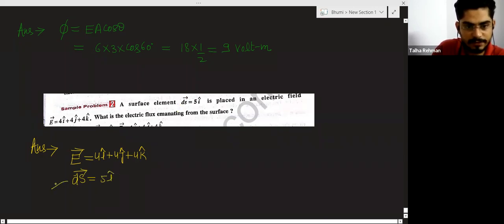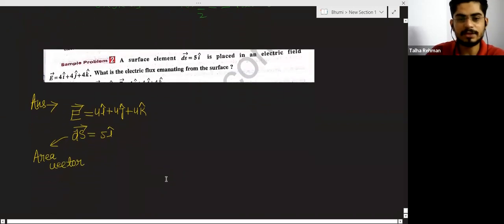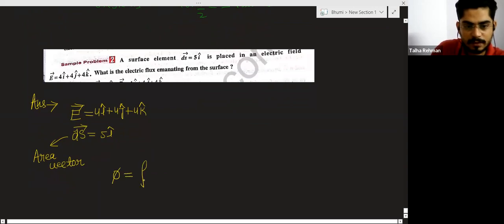Ds is the elemental area vector, you can say, and we have the formula of phi, E dot ds.